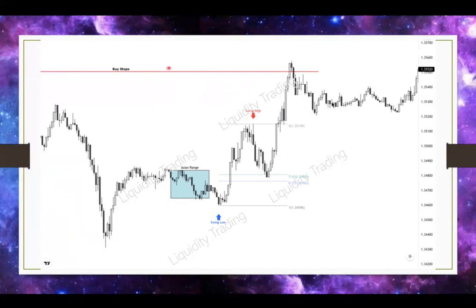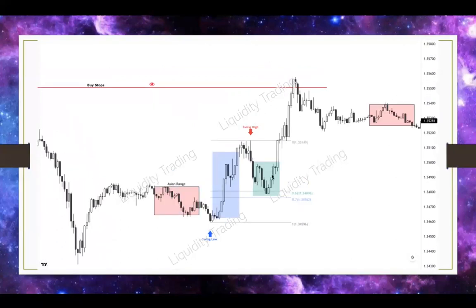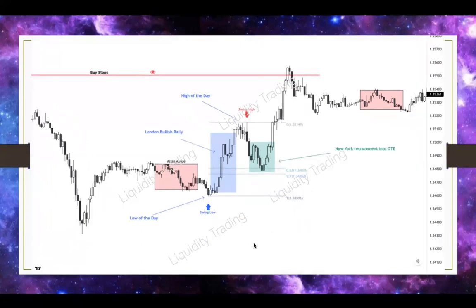Then back into the Asian range for consolidation again. Again, notice this example is respecting the 62% level, so expect to take your trades only at this level.